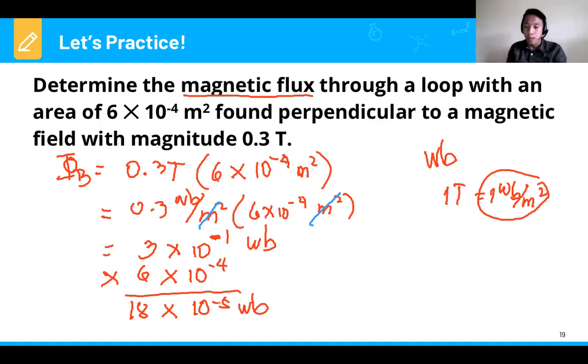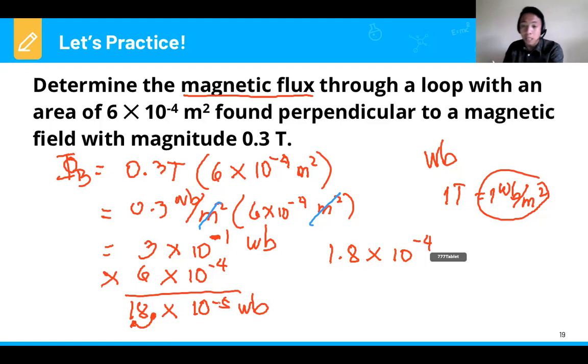Of course, no. In scientific notation, the number here must be between 0 and 9. So it cannot be 18, that is greater than 9. So we need to move that point, and the final answer is 1.8 times 10 raised to negative 4.